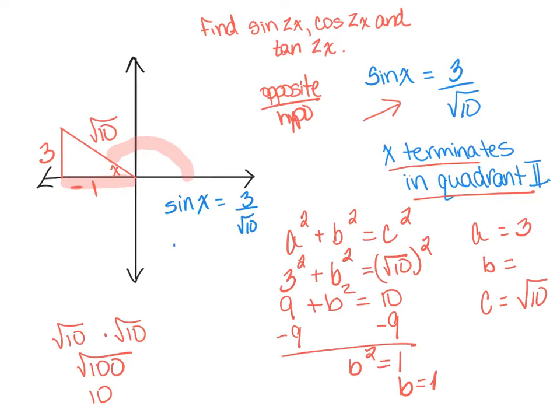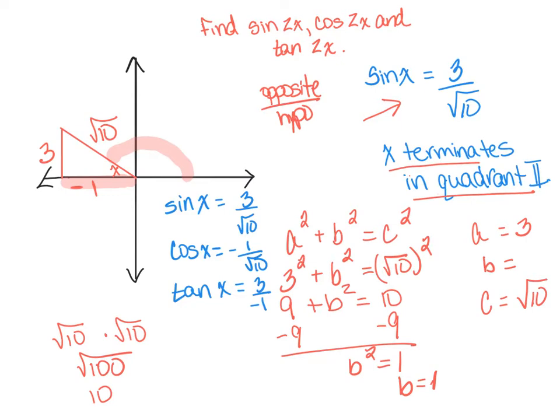Okay, so cosine of x is going to be adjacent over hypotenuse. So that's going to be negative 1 over the square root of 10. And our tangent is opposite over adjacent. So that's going to be 3 over negative 1. And that simplifies to just negative 3.